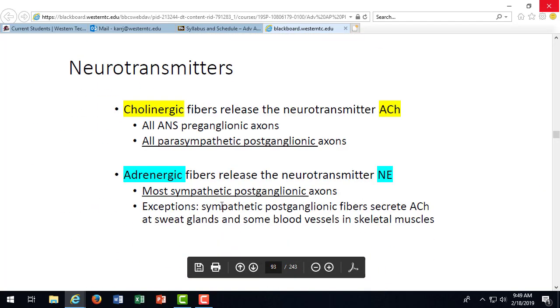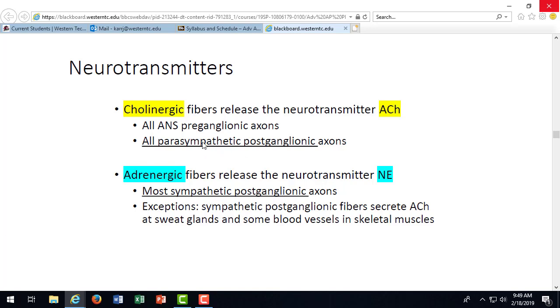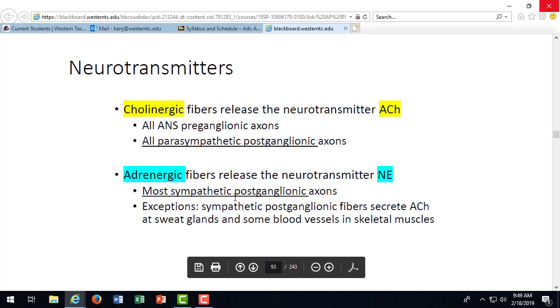Okay, so neurotransmitters, these are things that are released by these motor neurons. We know that all parasympathetic postganglionic axons, so the axon that's going to feed the organ, they all release acetylcholine. And sympathetic postganglionic neurons release norepinephrine.